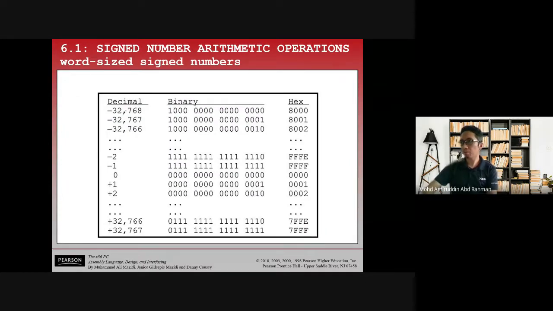For example, we have the number minus 32768, and that is its binary representation.